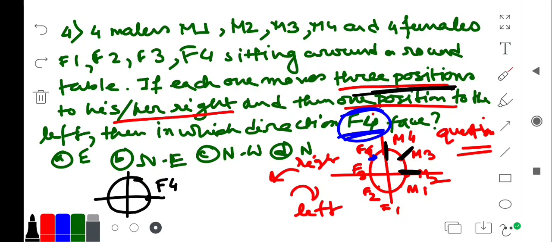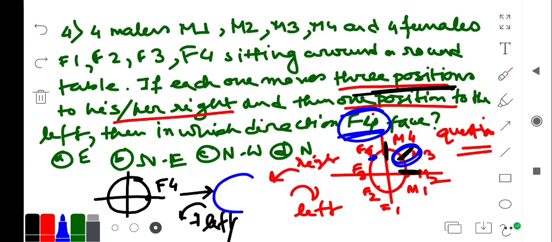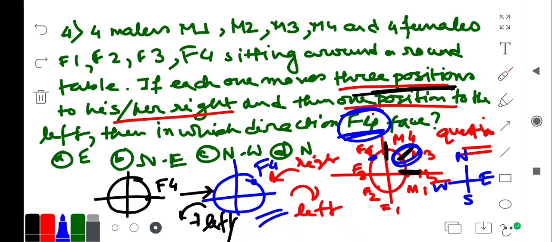Next 1 position left. When they go 1 position left, they will be at this position. This is F4. The position is on the basis of north, south, east, west. There must be northeast direction. So the option will be B, northeast.